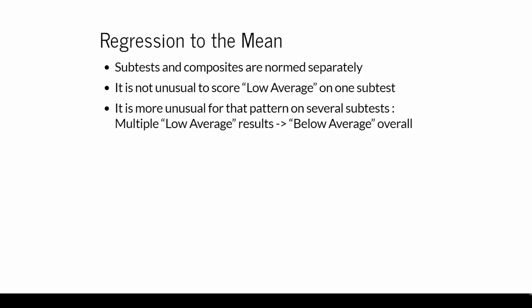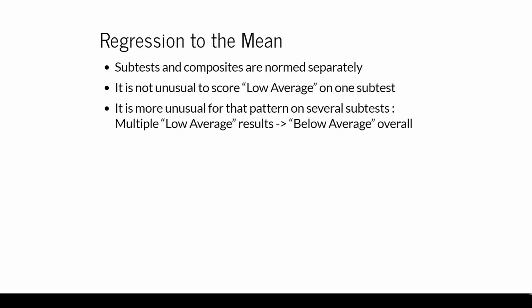Even though it may be considered average, it's slightly below the mean. When that pattern repeats, getting an 8, 8, 8, 8, that is more unusual than it occurring just one time. Another way to say that is multiple low average results lead to a below average, more unusual overall profile.